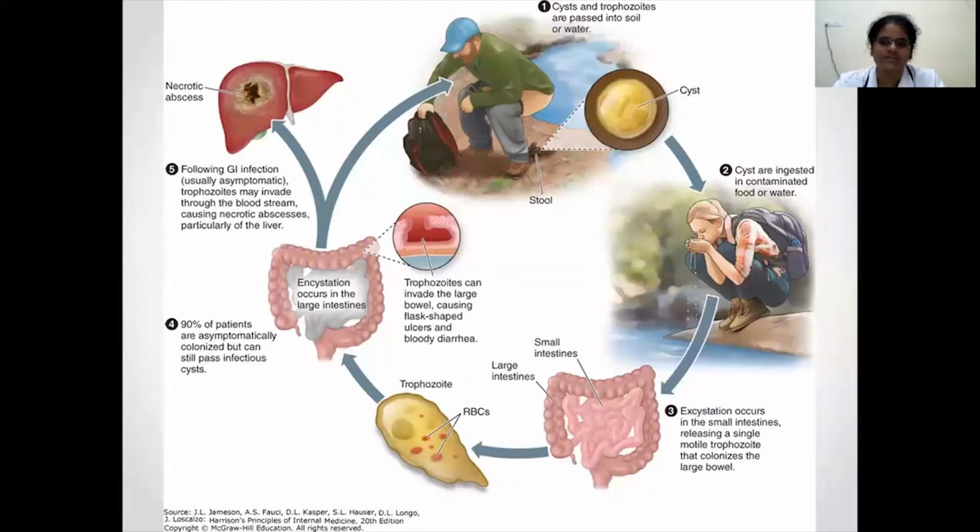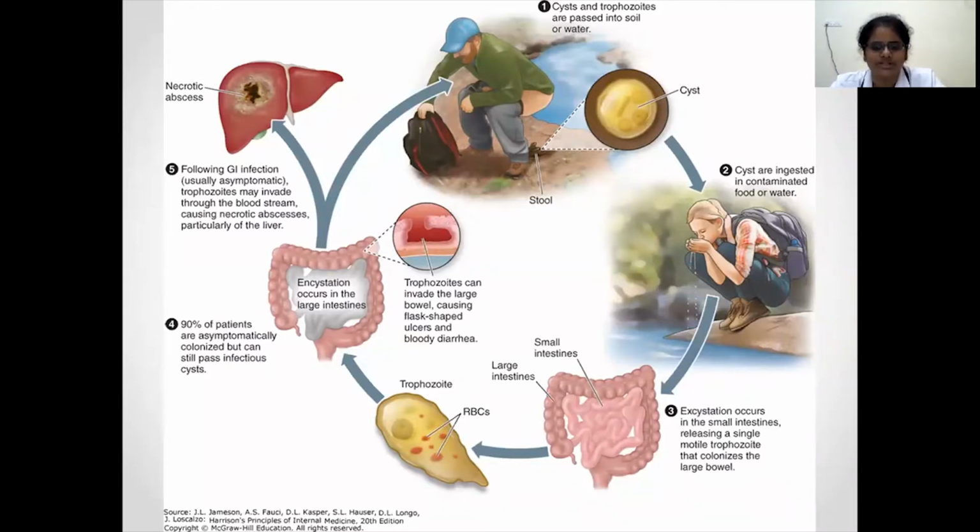This happens in 90% of the people. These are asymptomatic carriers. In the rest 10% of the people, these motile trophozoites can cause invasive amoebiasis. This invasive amoebiasis can be intestinal or extraintestinal. These trophozoites will disturb the bowel mucosa and become tissue trophozoites, and these will cause ulcers in the bowel wall.